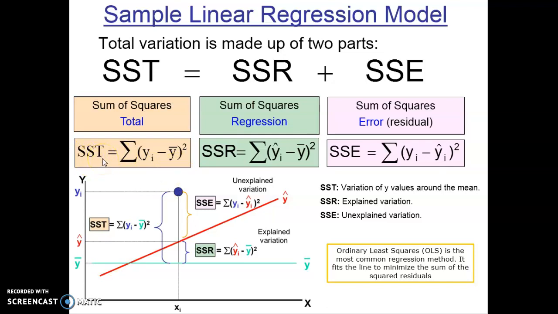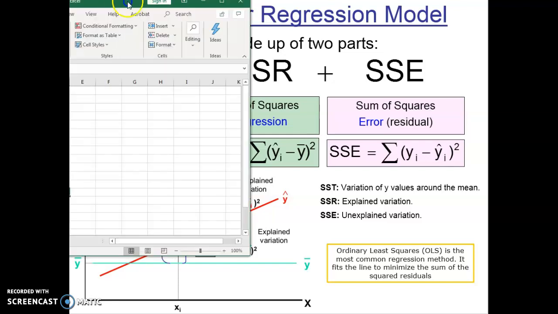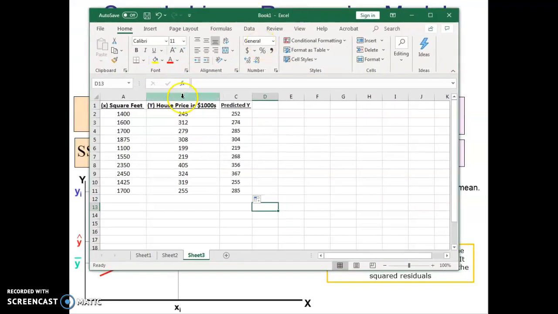Okay, let's actually do it in Excel. In order to get the sum of squares total, we need to compare our housing prices, our actual y values, to the average. But we don't have the average here, so let's put it in.